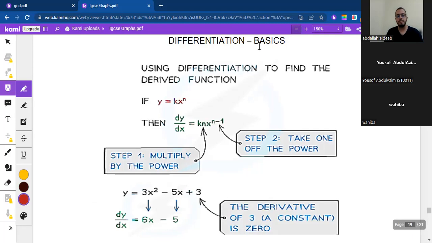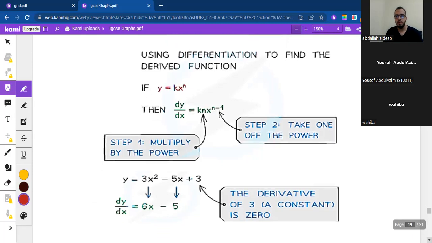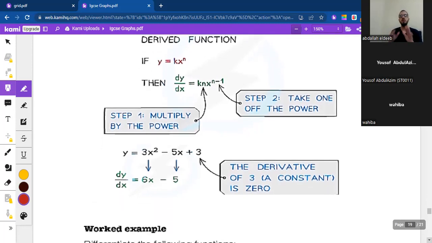We have something called differentiation, or finding the derivative of the function. If you want to find the derivative of the function k x to the power n, you use this formula.